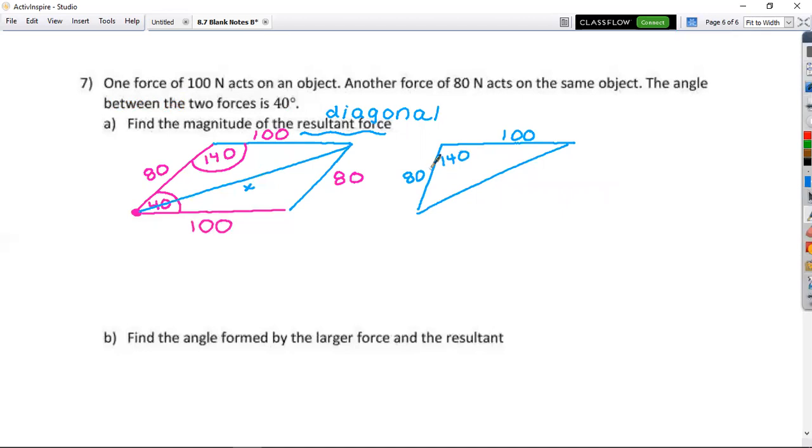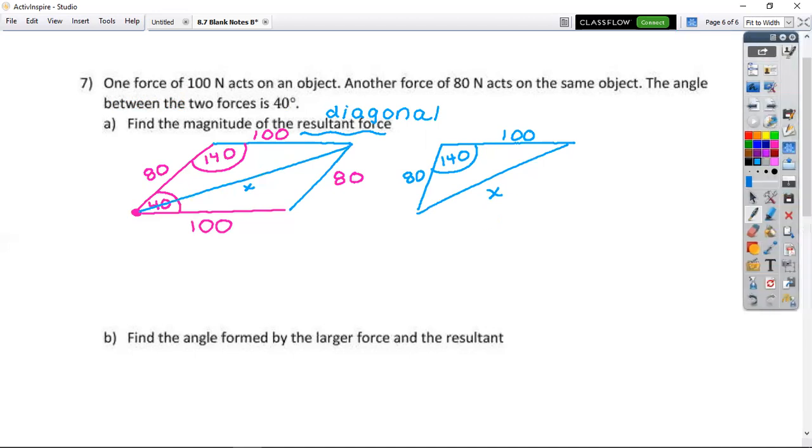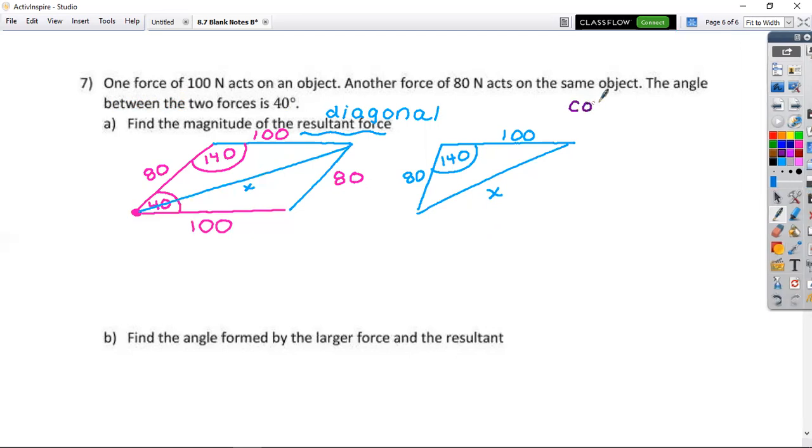Magnitude of resultant force is unknown. Do you guys remember which rule this one is? Law of cosines, yep. This one's law of cosines because it's side, angle, side.